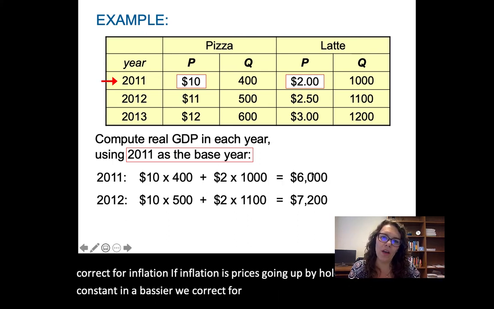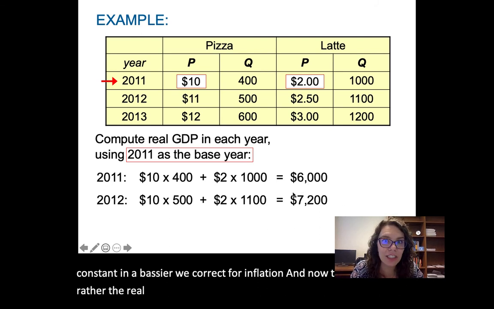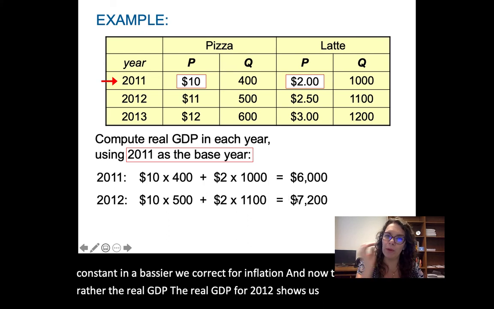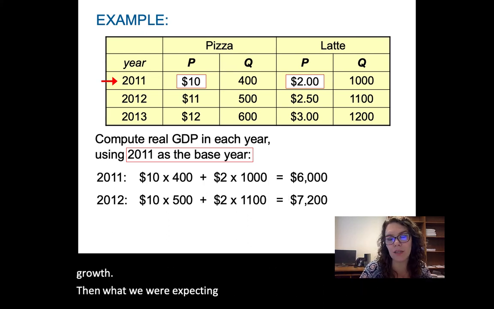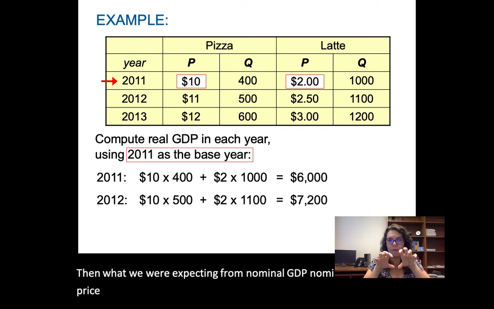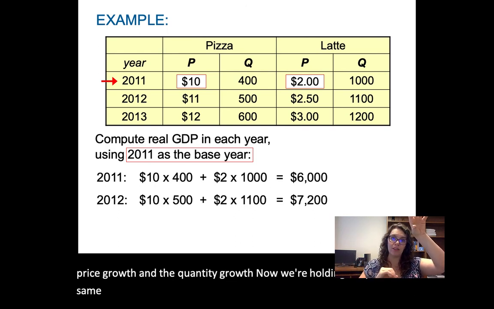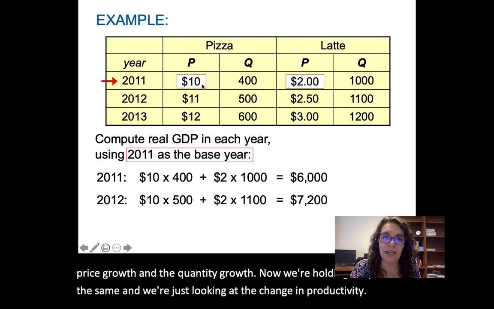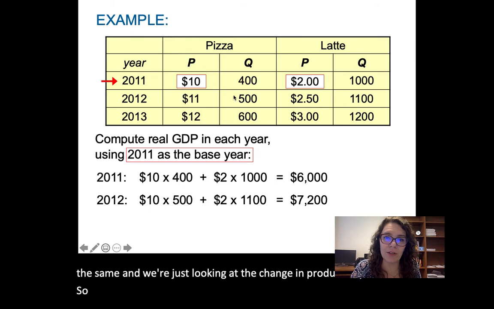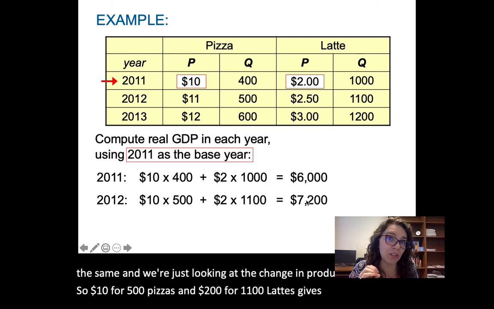And now the real GDP for 2012 shows us a little bit less growth than what we were expecting from nominal GDP. Nominal GDP had the price growth and the quantity growth. Now we're holding the prices the same and we're just looking at the change in productivity. So $10 for 500 pizzas and $2 for 1,100 lattes gives us a real GDP of $7,200.